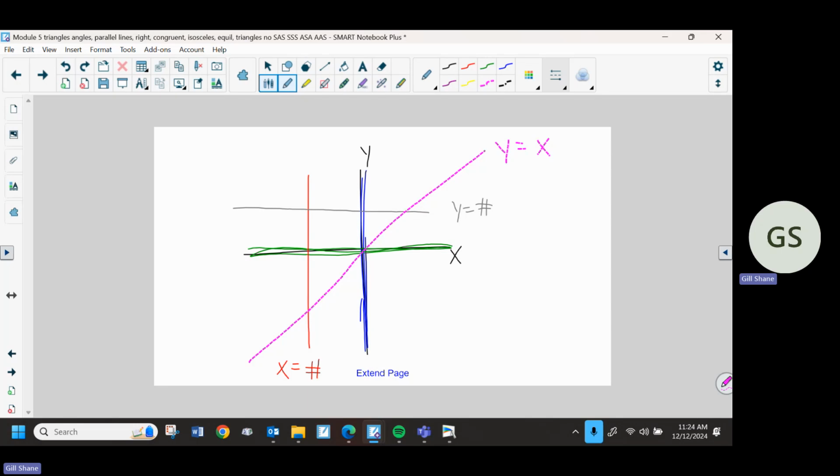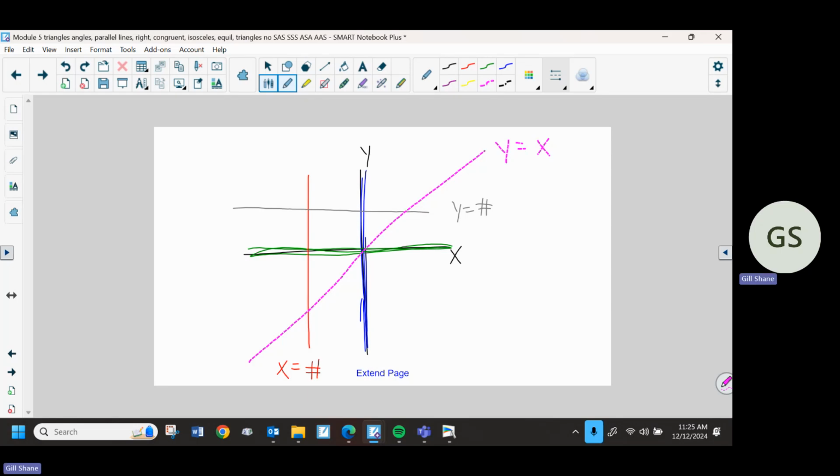If you're going up, don't keep going straight up. You have to make a turn, left turn or right turn, and follow the grid lines up or down, left or right. So if my point was down here, and I counted up, I would make a left turn and go left. It's got to be kind of like perpendicular to the line of reflection. Remember, you can't keep going straight through.